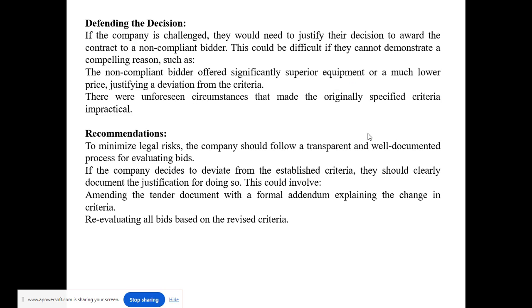There must be a justification, or unforeseen circumstances that made the originally specified criteria impractical. The recommendation to minimize that legal risk is that the company should follow a transparent and well-documented process. If the company decides to deviate from the established criteria, they should clearly document the justification for doing so, and re-evaluate all the bids based on the revised criteria.